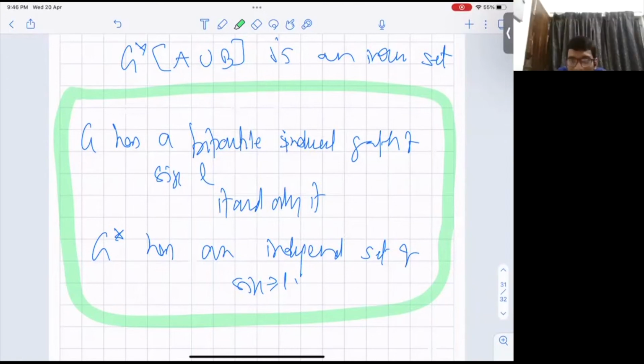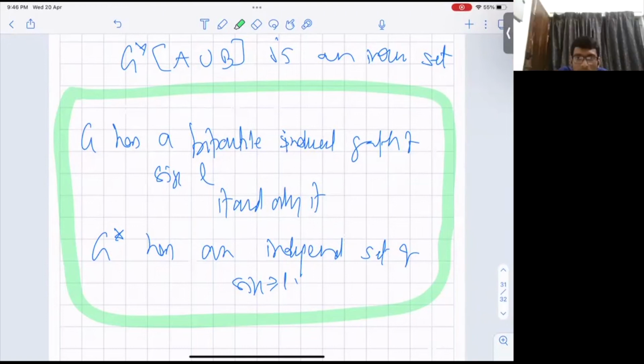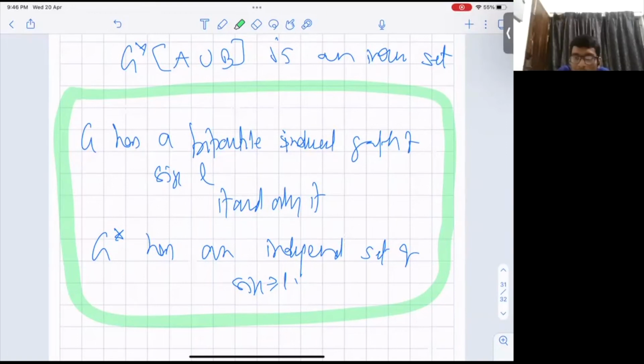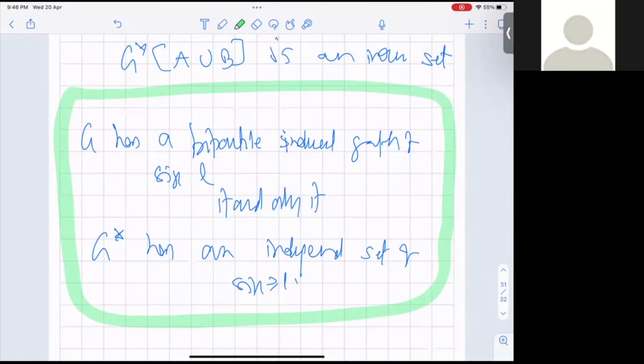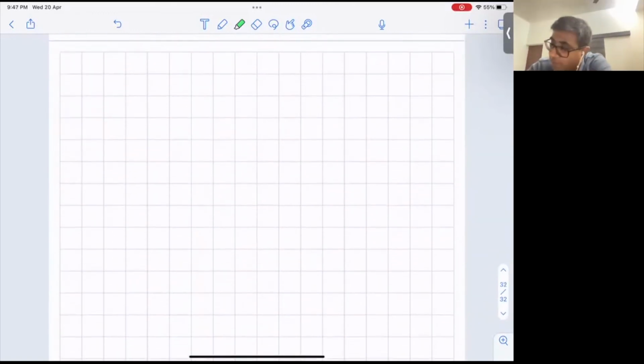Then that maximum independent set corresponds to a maximum bipartite subgraph in G, which means its complement corresponds to the minimum OCT. Okay, so there is some very beautiful property of this.